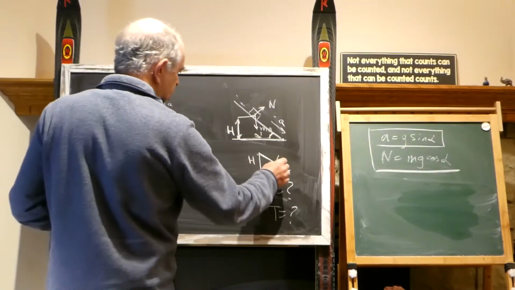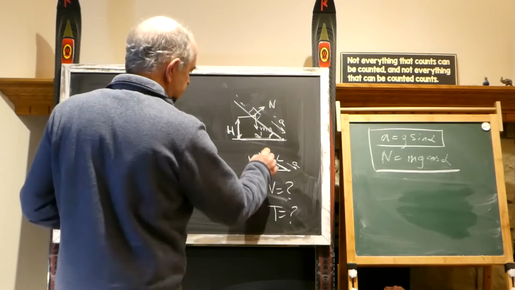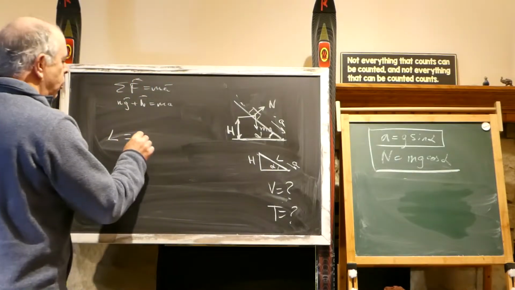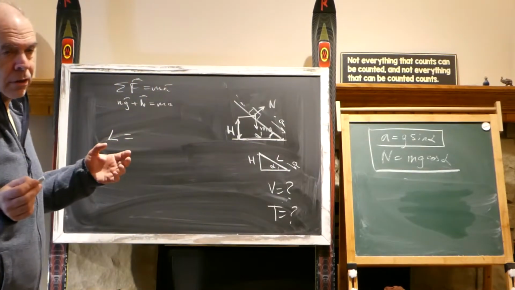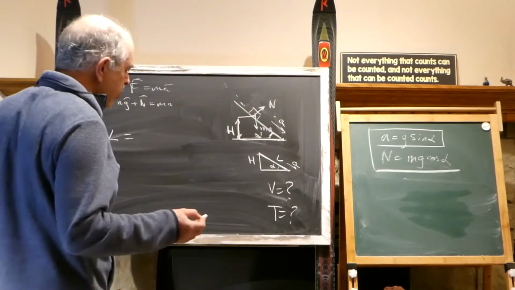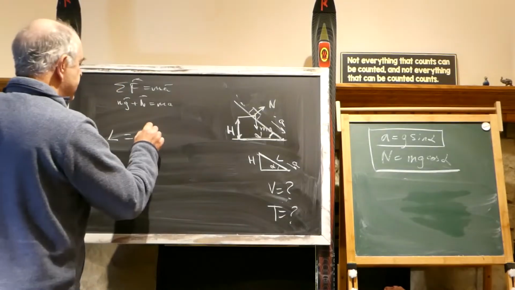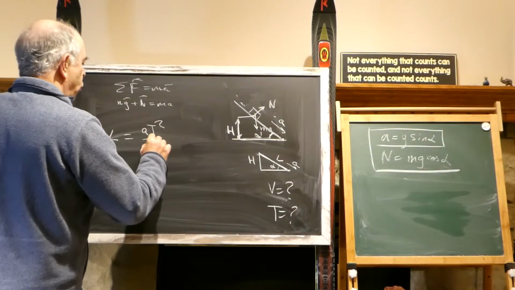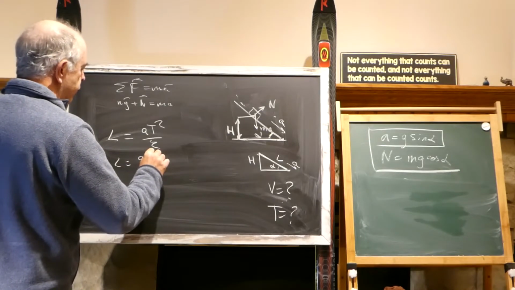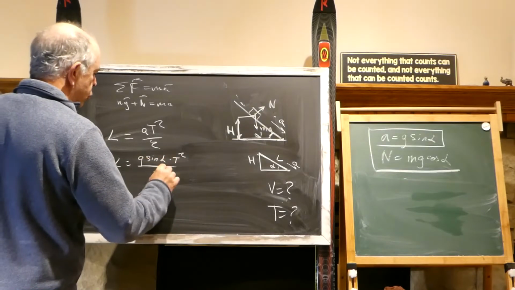So first of all, we know that we're covering this distance, we're going with acceleration a, and this distance is L. And we start with 0 speed, so all we have to write, pause if you forgot this formula: L equal V0 t, but V0, the initial speed, is gone, so L equals acceleration t squared over 2. L equals g sine alpha t squared over 2.